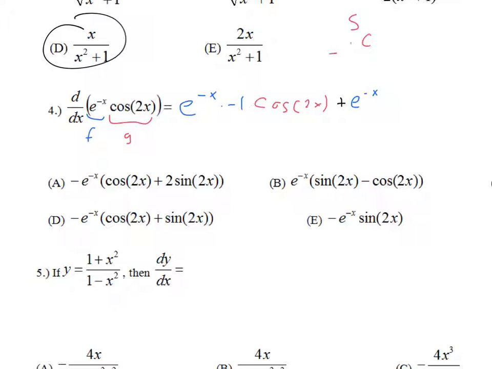The derivative of cosine is minus sine of 2x times 2, because there was a 2x inside that sine.